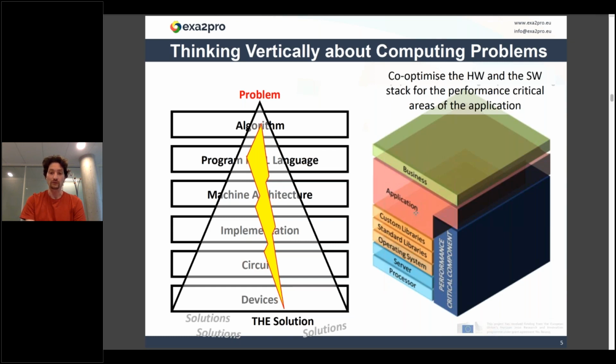The idea is to still keep this kind of complex application on the CPU, but the really performance-critical components are directly implemented in FPGA. So you implement, as they say, the problem directly as one solution implemented in hardware on the FPGA. You really shortcut all this pile of interfaces.